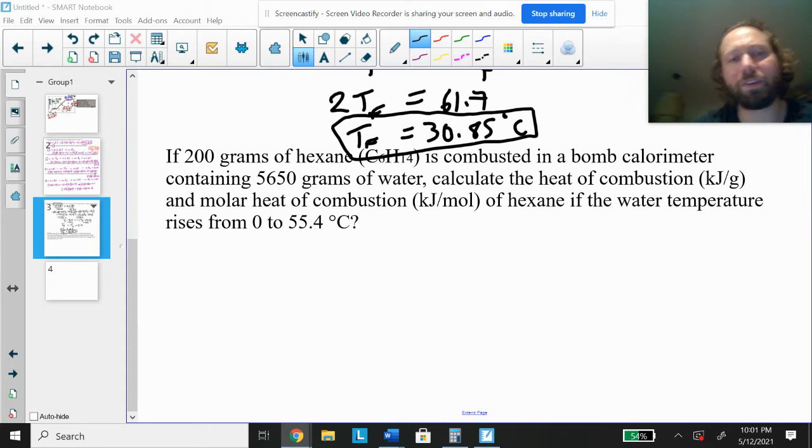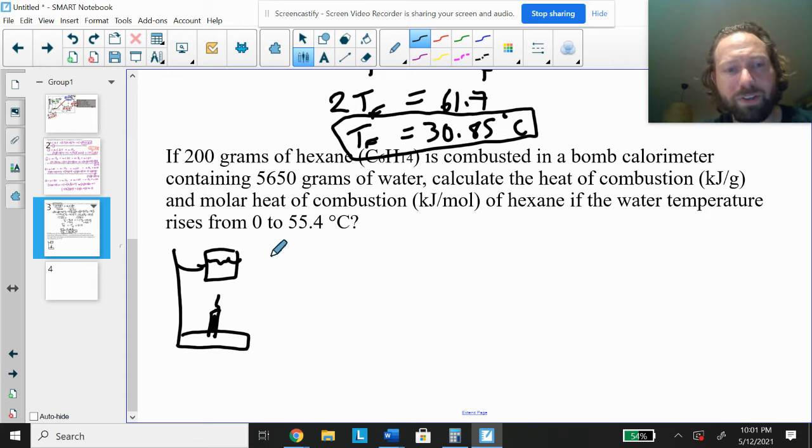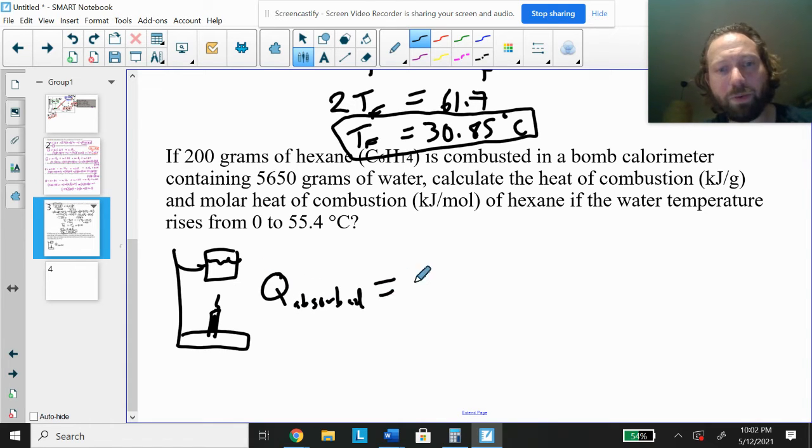When you solve these types of problems, we're going to assume that the amount of heat in a calorimeter, which is this basic setup where you have a substance that is burning and a can with a certain amount of water suspended over it, is such that the amount of energy absorbed by the can is equal to the amount of energy released by the fuel source.